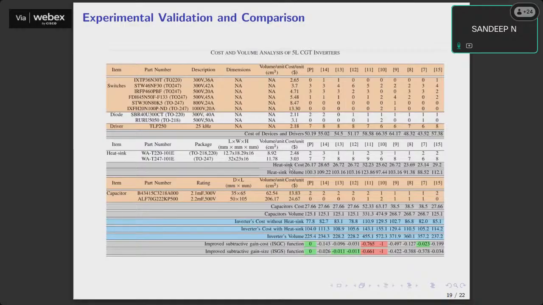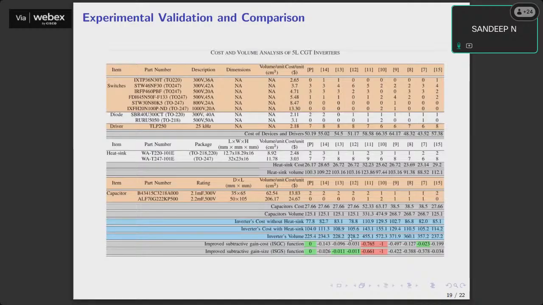The heatsink cost was added to the inverter cost, which includes switch, diode, and driver, and the capacitor cost was added. So you can see the inverter has been compared at various levels: capacitor cost, capacitor volume, inverter cost without heatsink and with heatsink, and overall inverter volume. In all regards, the proposed inverter has performed better, right?